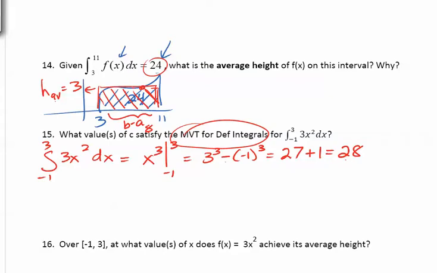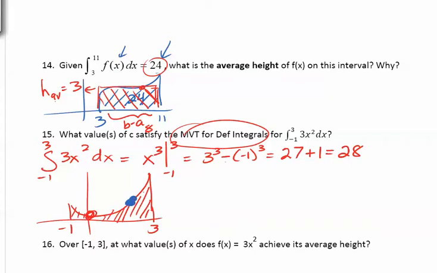Now, what we're interested in here is, and you know this is a parabola that we're going from negative 1 over to 3. You don't have to graph this, but we just did the integral, so you just found this red shaded area to be 28. So MVT is saying, well, what could you do here?